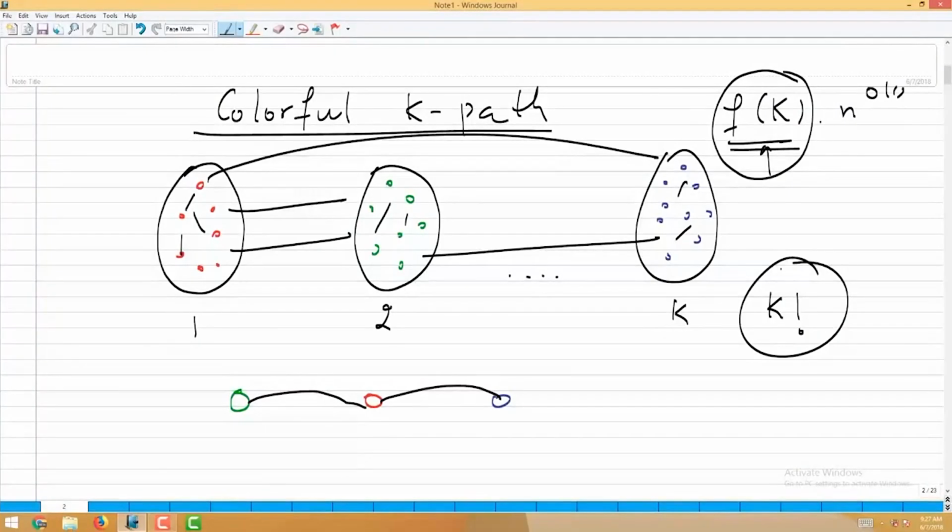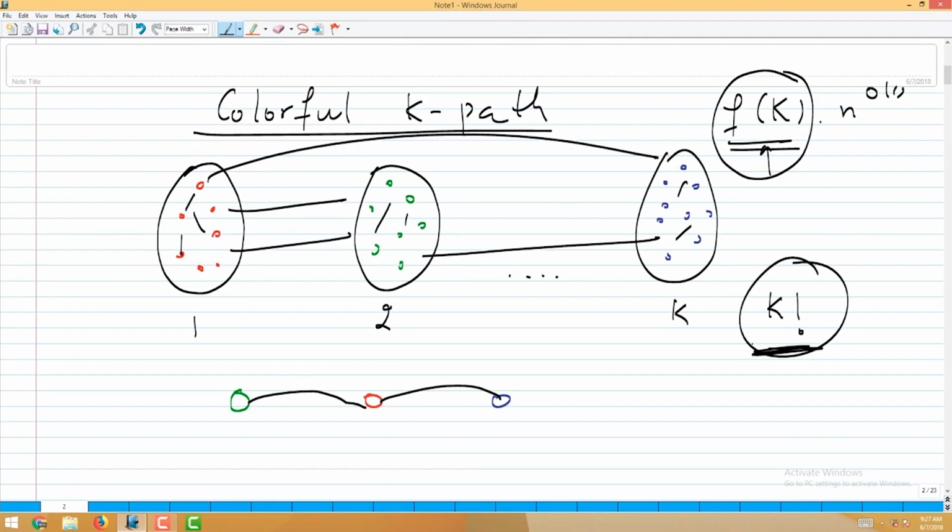If I have the ordering green, red, blue, I'm trying to find out, is there a path whose first vertex is green, second vertex is red, and third vertex is blue, right? So basically we have reduced our problem to finding such a path which respects a particular ordering of these colors, and we have spent k factorial time.